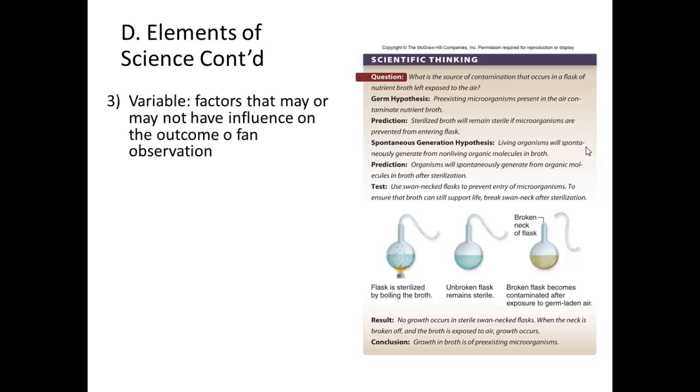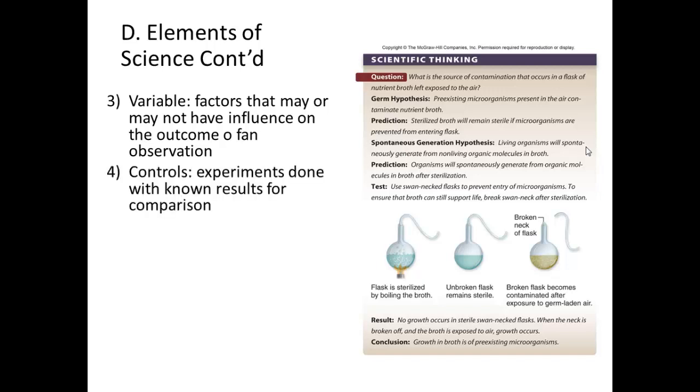In science, we look at variables. Variables are any factors that may or may not have an influence on an outcome of an observation. Controls, then, we need controls to be able to test different variables, and when we do an experiment, we need to have a control as comparison for that experiment.